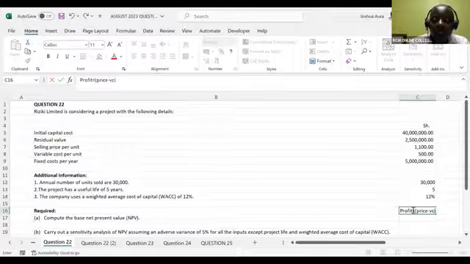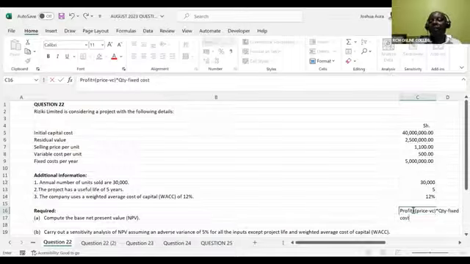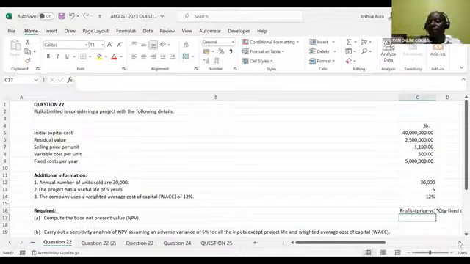Whatever answer you get, you'll multiply with quantity, and then you subtract what we call fixed cost. If you're writing your notes, this is a very, very important formula amongst all the formulas.